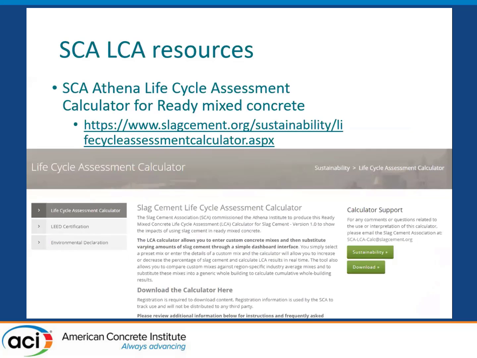Then the next thing we could do, which is even better, is instead of just trying to use the charts of the EPDs, we can go and use a calculator that already intakes and collects the information from the NRMCA's second version of their EPD, as well as the Portland Cement's information, as well as the Slag Cement's information, all in one convenient tool that allows us to calculate what the CO2 content would be and the other parameters for a given concrete mix.